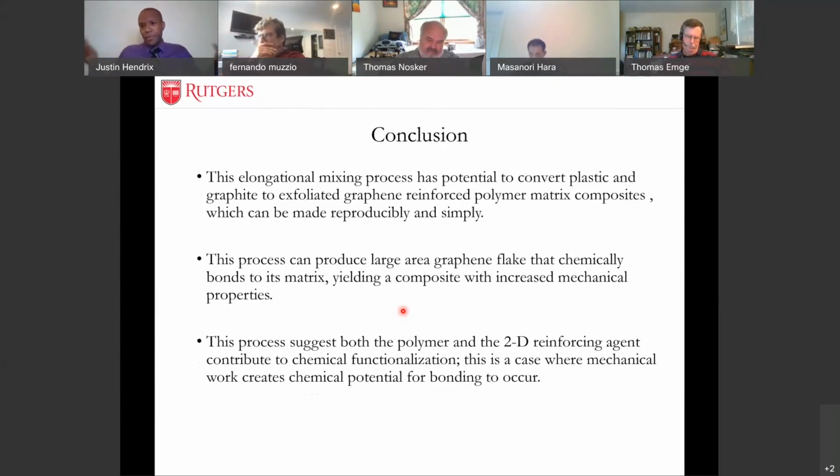So it's translatable. And lastly, this is a condition where the polymer and the reinforcing agent both can contribute to the formation of chemical functionalization. This is a case where mechanical work is literally creating chemical potential that leads to bonding.